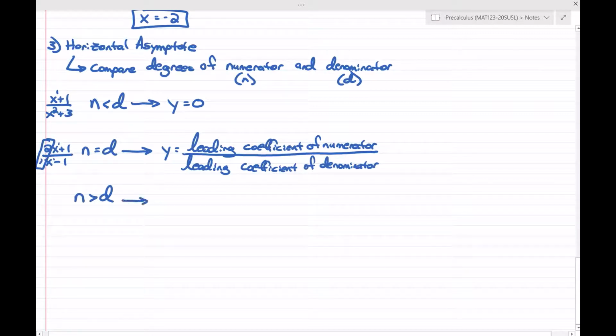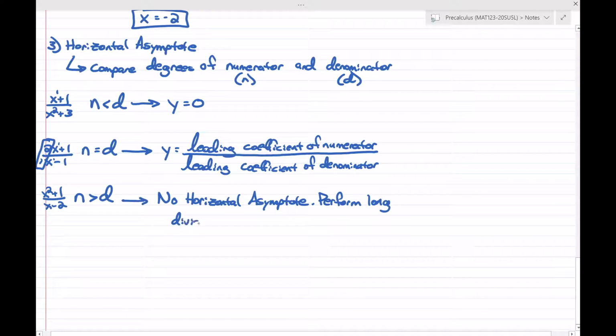In this third case, we'll see an example with this. But if the top power is bigger, like if we had x squared plus 1 over x minus 2, see how the top power is bigger, then there's no horizontal asymptote. We have to perform long division to find a slant asymptote. And I'll show you how to do this in an example later on.